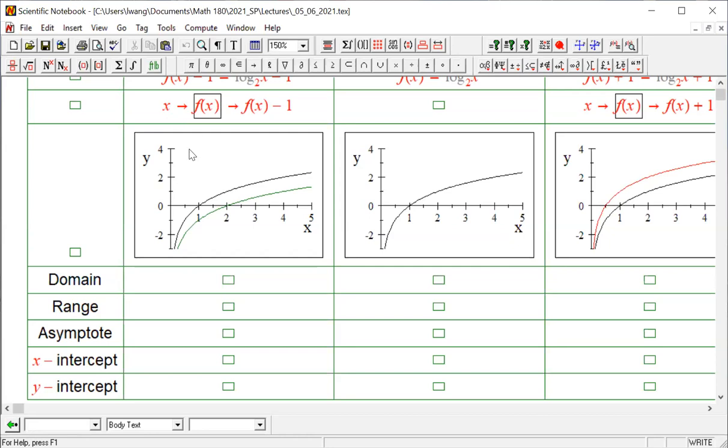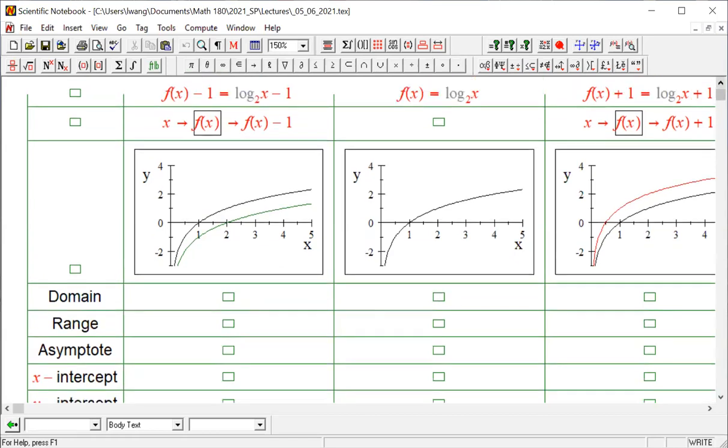Okay, so let's see. What will be the domain? The domain for log base 2 of x, that's something we know, right? What's the domain for log base 2 of x? X is greater than 0. That's right, x is greater than 0. Perfect.